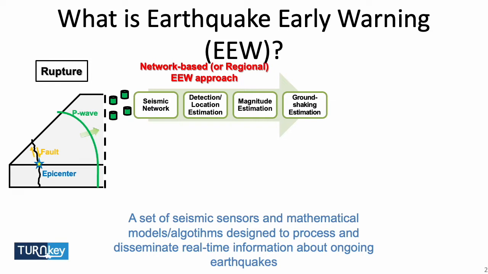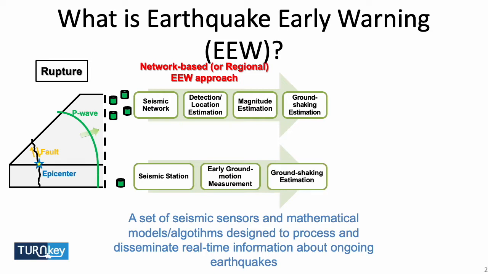We can also have an on-site or single earthquake early warning system where we just have one sensor located close to a particular structure or critical infrastructure of interest. Then a series of algorithms translate the P wave information, in this case, directly into ground shaking information at the site of interest.